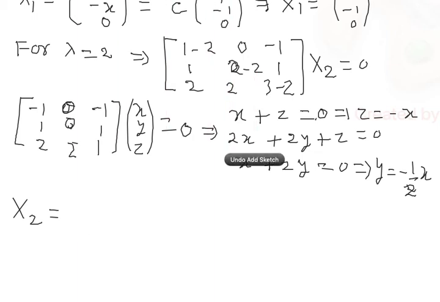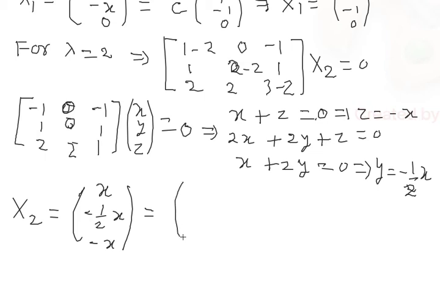So the vector x2 is x, minus half of x, and negative x. Taking x common, we can write 1, negative half, and minus 1.